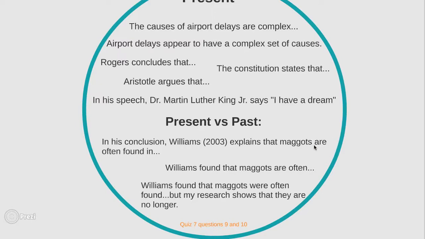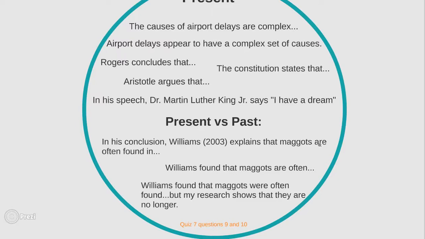And we're using present tense because maggots are often found in walls. He found that. He discovered that that was already happening, or that does happen all the time. So it doesn't just happen because Williams found it. It's an occurring phenomenon. So you use the present tense to talk about it. It's still happening now. It is something that happens.